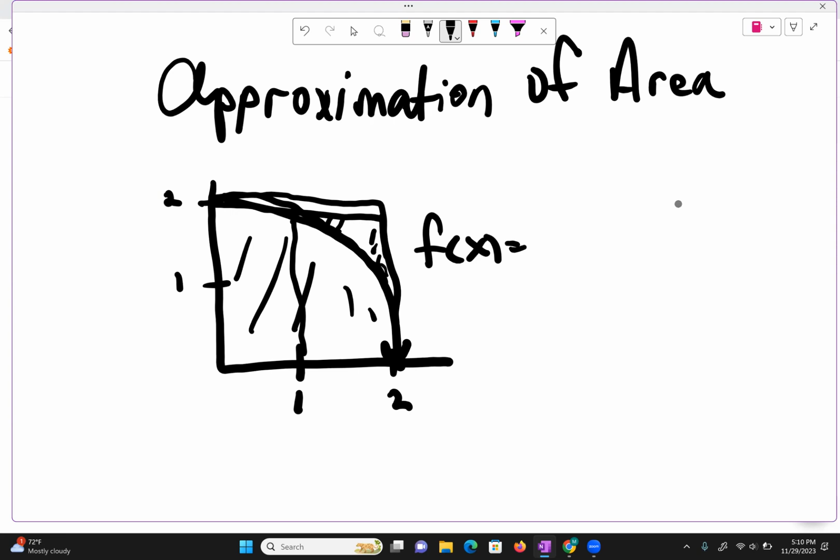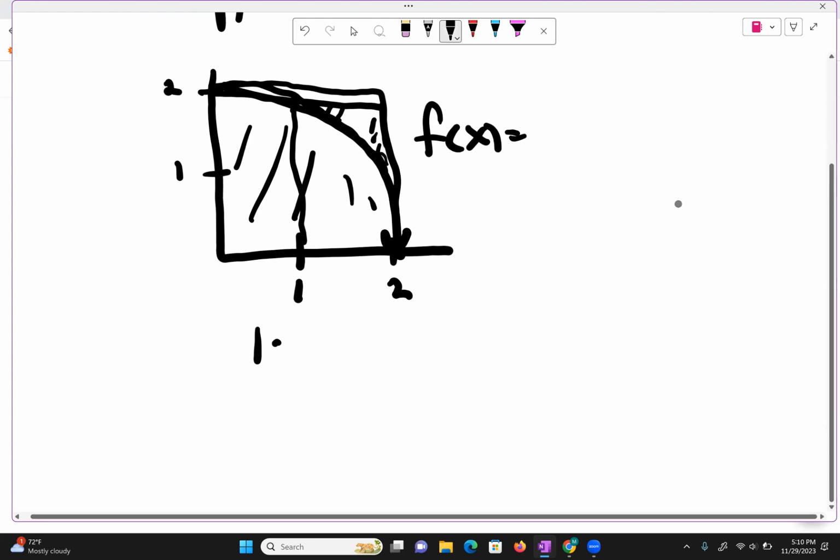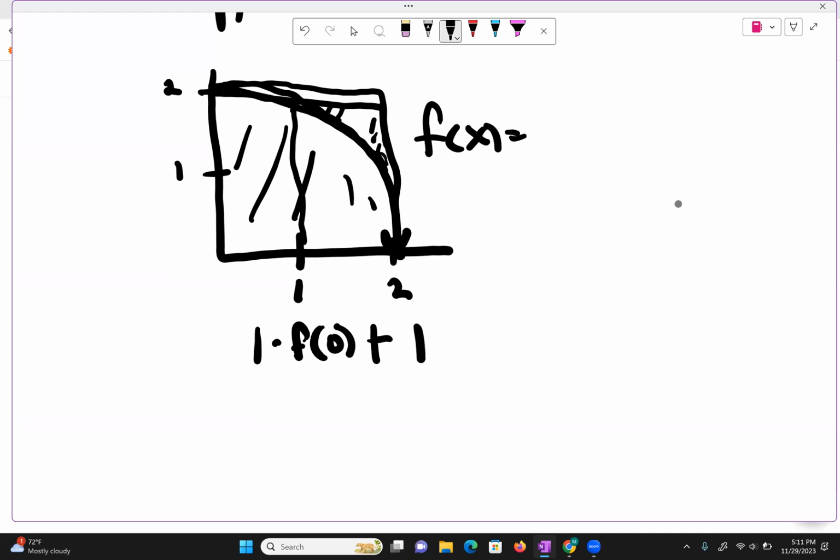So if I'm looking at this particular example, we're going to determine the height of the rectangle by the value of the function on the left endpoint. So we're going to start with 1 times f of 0 plus 1 times f of 1, and that's equal to 2 plus square root of 3.